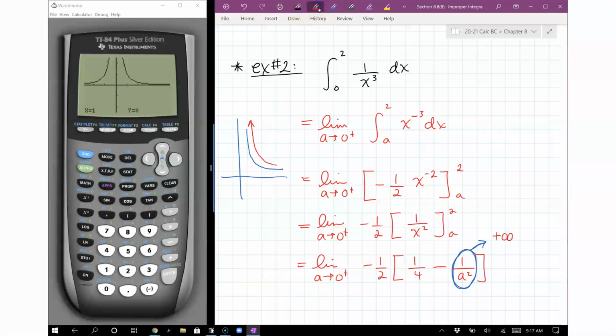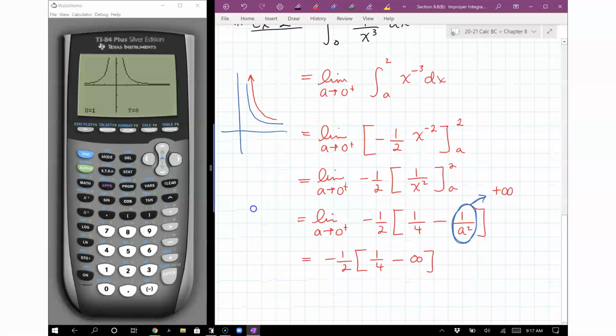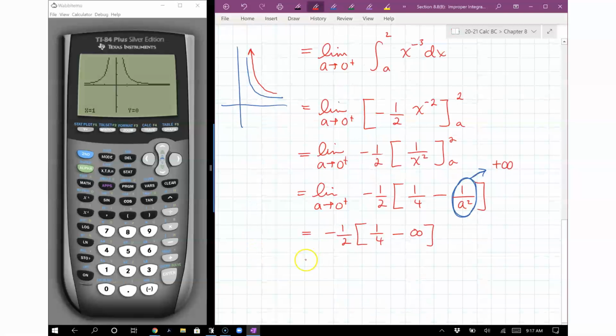So my answer here is a negative half, a 1/4 minus infinity. Well, 1/4 minus infinity is negative infinity. And negative half times a negative infinity is positive infinity. That's my answer. It's infinite.